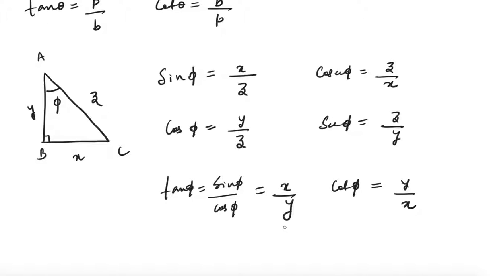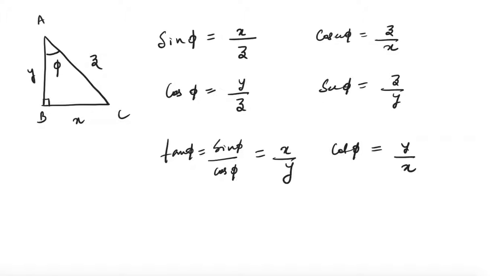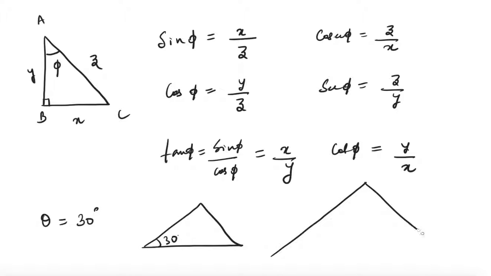Second thing, and the most important thing, is that in case of these ratios, if I have a fixed angle theta, say the value of theta is 30 degrees for example, then whatever triangle it is, say I have this triangle, say this angle is 30 degrees, and I have one more big triangle, both are similar, you can say, such that this angle is also 30 degrees.